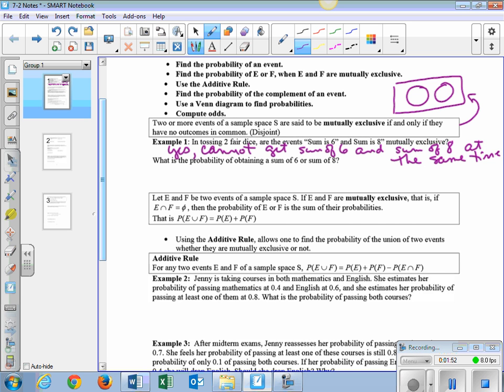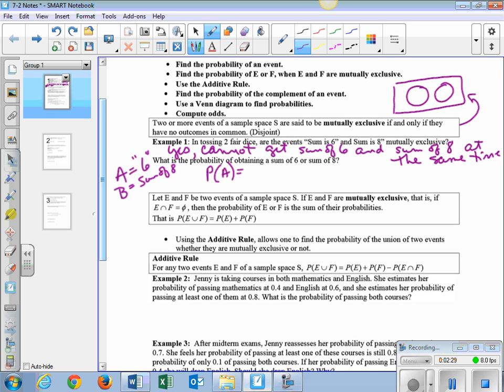What is the probability of obtaining a sum of 6 or a sum of 8? Okay, so let's let A be equal to the sum being 6. Let's let B be equal to the sum of 8. So when I think about this, go back to the big chart on the previous notes where we rolled two dice, and count up the number of times that you can get the sum of 6.